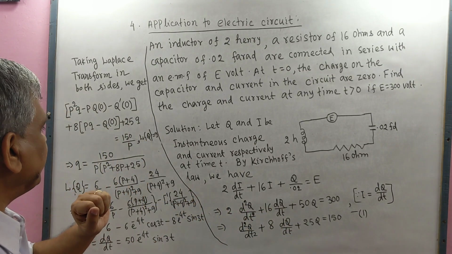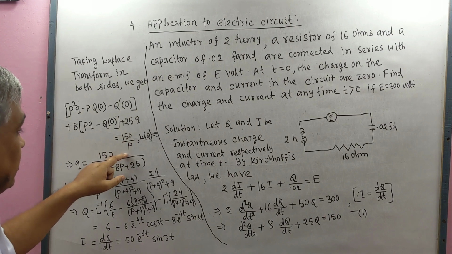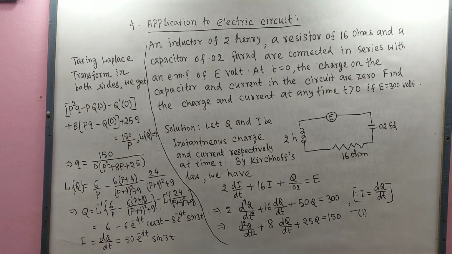Laplace transformation of 1 is 1 by p, so 150 by p.